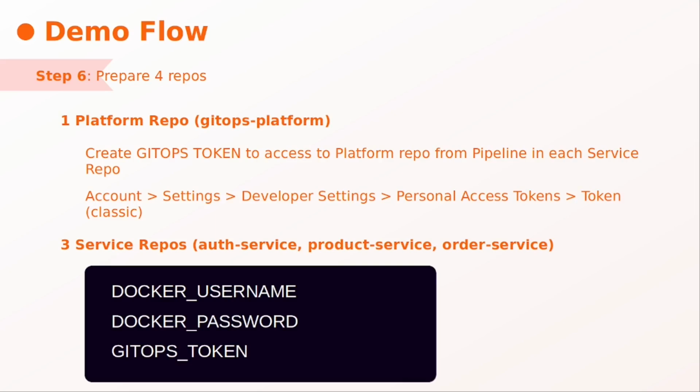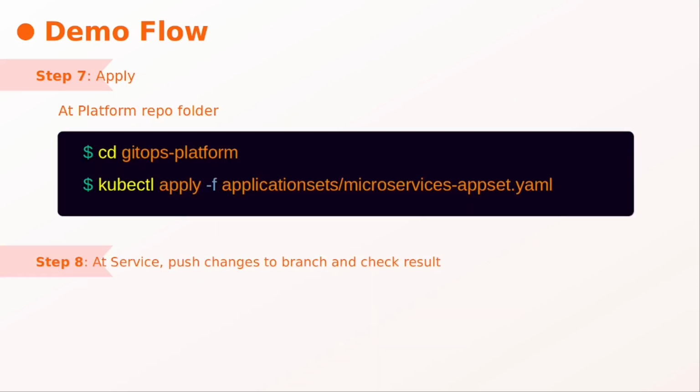Service repository. Each service repository must include the following secret: GitOps token to update the platform repository. These repositories are responsible for building Docker images, pushing images to Docker Hub, updating values YAML file in the GitOps repo.